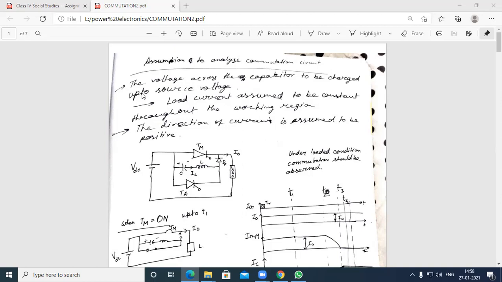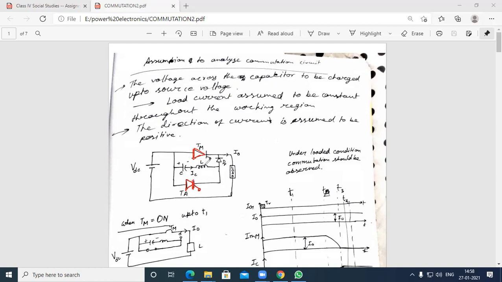So in this circuit, what you can see, there is a circuit given. Now this is our main thyristor TM, and this is our auxiliary thyristor. So two thyristors are connected in this way.